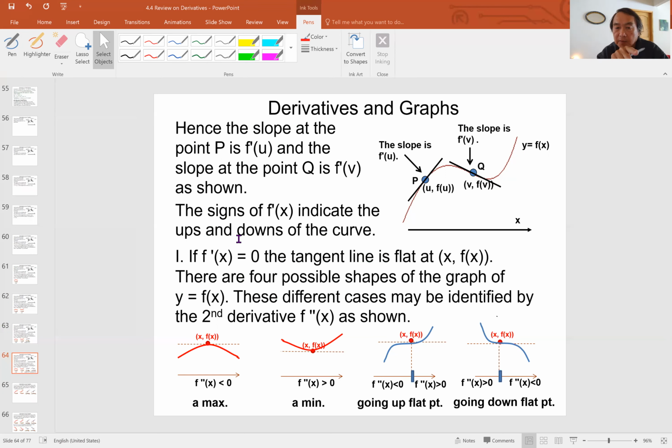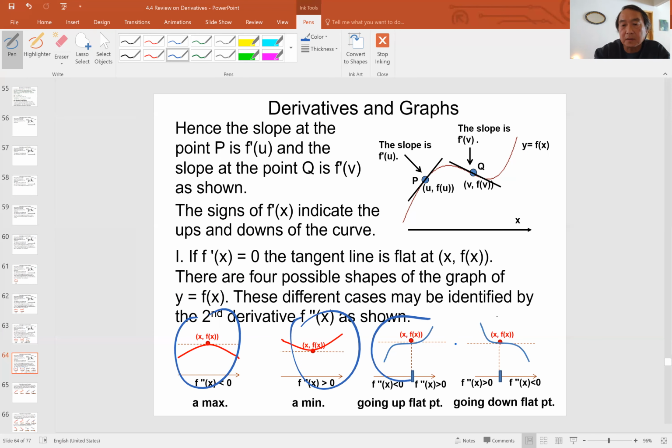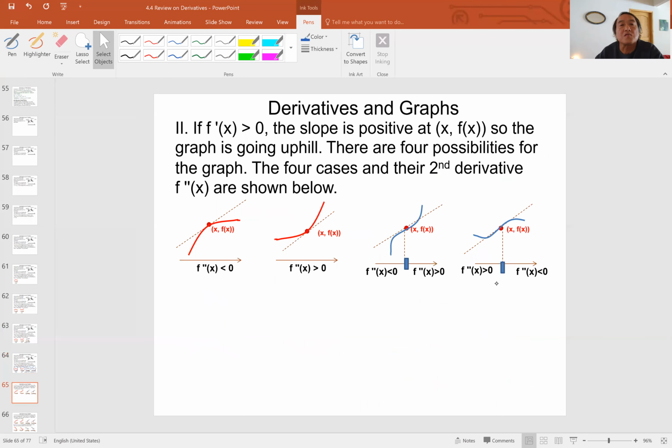If I know the derivative at a location is 0, then if I take my microscope and zoom in on the picture at that point, it has to look like one of these. What happens if the derivative is positive?